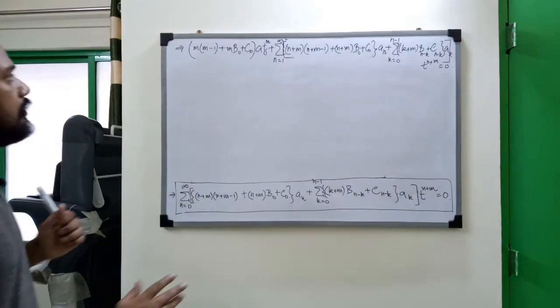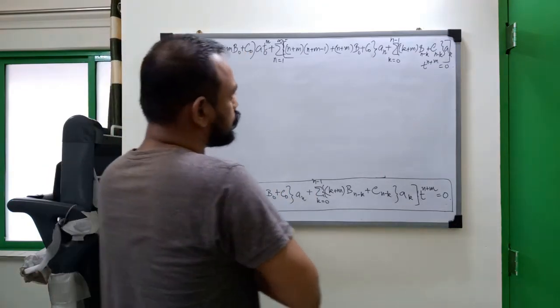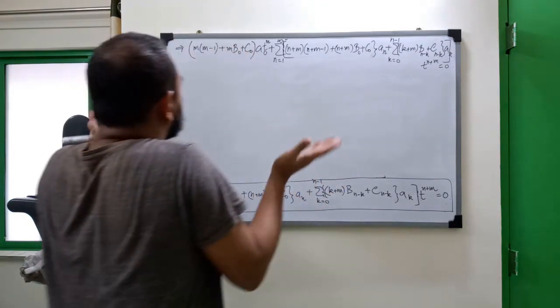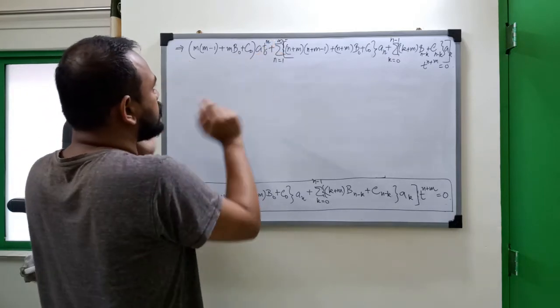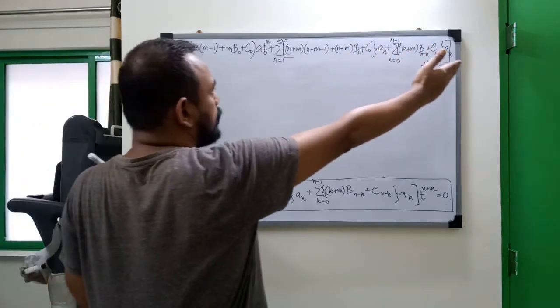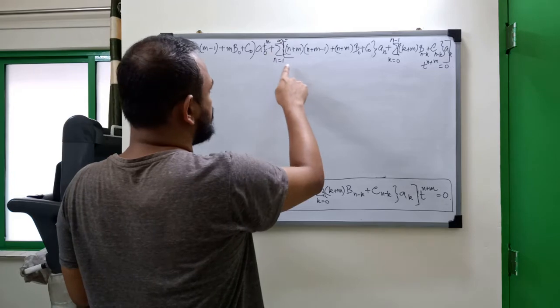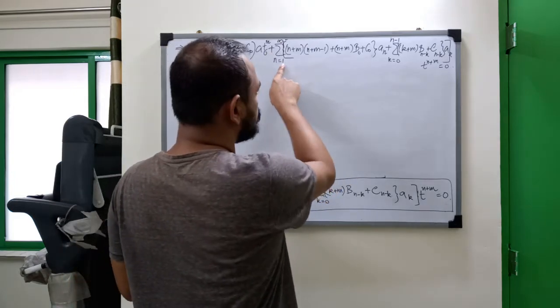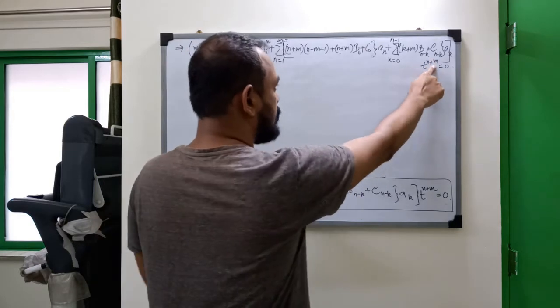Now, as I said, on the right hand side you have a 0, so you can equate each of the coefficients to 0. The first coefficient that I can think of is the coefficient of t to the m, because t to the m is the smallest power of t in this power series. As n becomes 1, you have t to the m plus 1. Then as n becomes 2, you have t to the m plus 2.